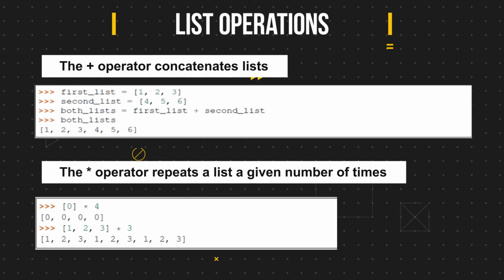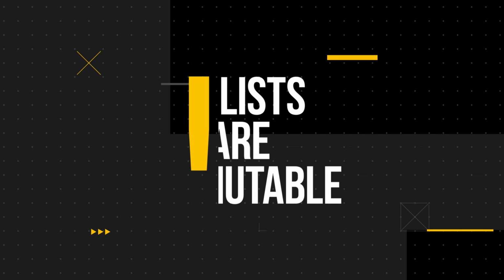Then we can also use the asterisk to multiply a list by an integer, and it will replicate the values in that list by the number of the integer. So if we say 1 2 3 multiplied by 3, it's going to result in 1 2 3 coming out 3 times.